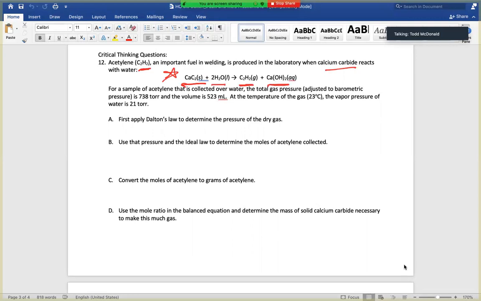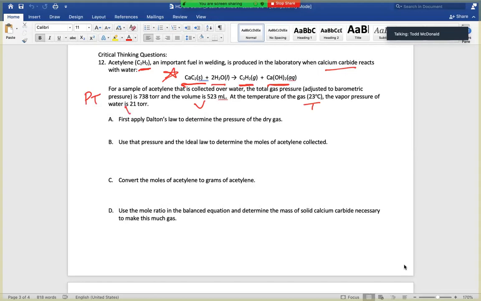And here's what it says. For a sample of acetylene collected over water, the total pressure with the barometer is 738 torr. And then we are given the volume of this collected gas to be 523 milliliters. So we have a volume, we have a temperature, we have a total pressure. And here's another thing that's given.